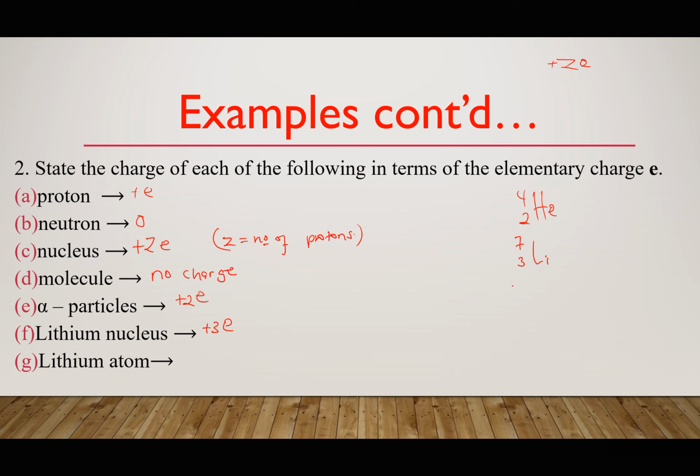Then a lithium atom has a charge of 0 because it will have 3 protons plus 3 electrons. So the atom will have a charge of 0, but the nucleus will have a charge of positive 3e. So that is that example, I think.